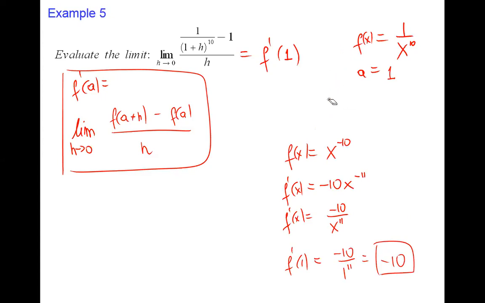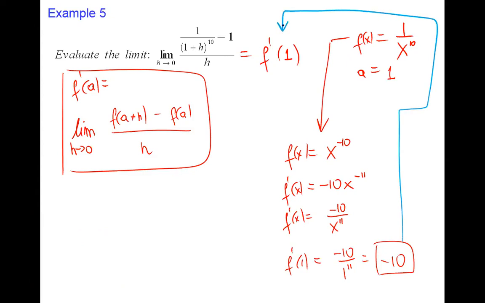That means this is the work, and this is the final answer, negative 10. We kind of did a circle: identifying the concept, using the shortcuts, and now getting back to the concept. This is the derivative at 1, and this is the answer. That's the way to get this limit.